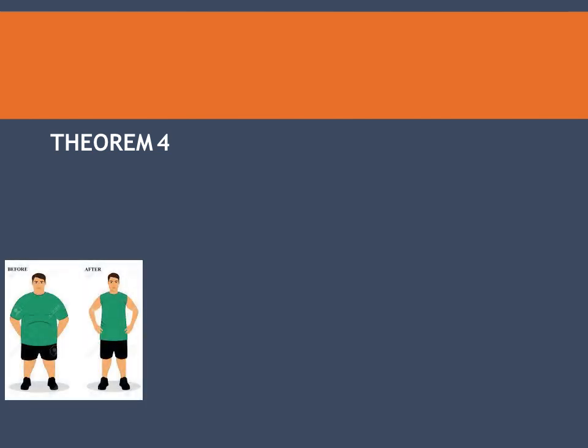So we move on to theorem 4. So this is actually very, very practical, I must say. So a girl is dieting and now she's going to make sure that the husband or the boyfriend also diets along. So how will that help?